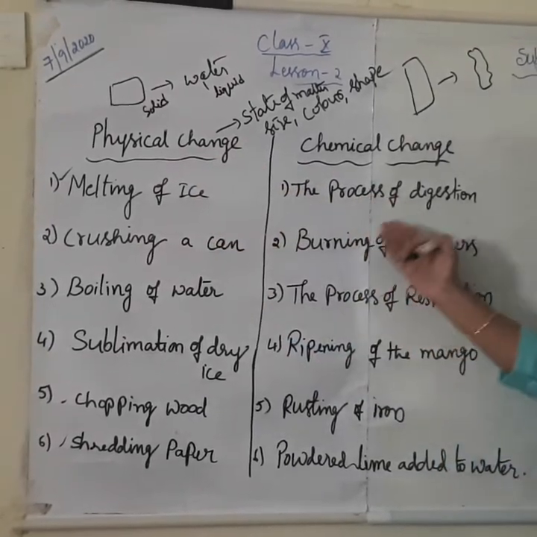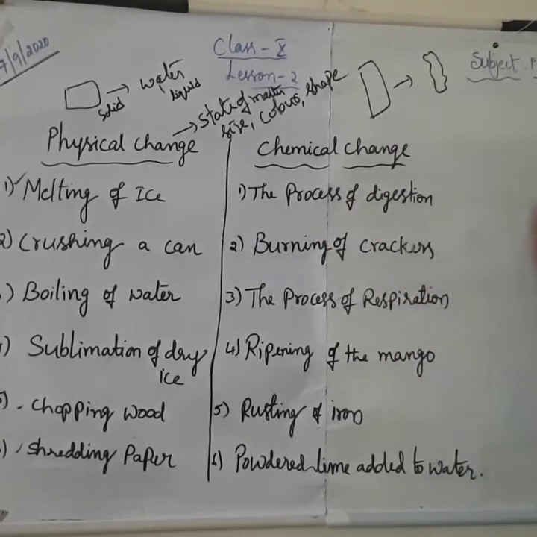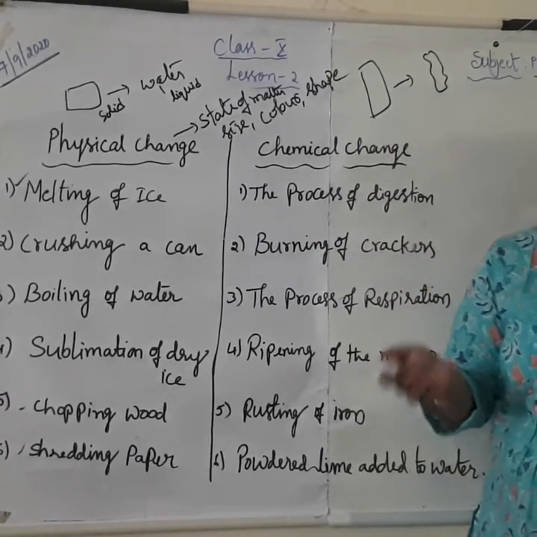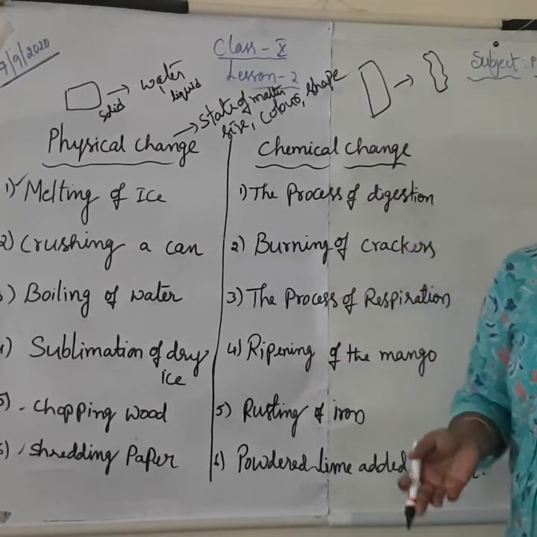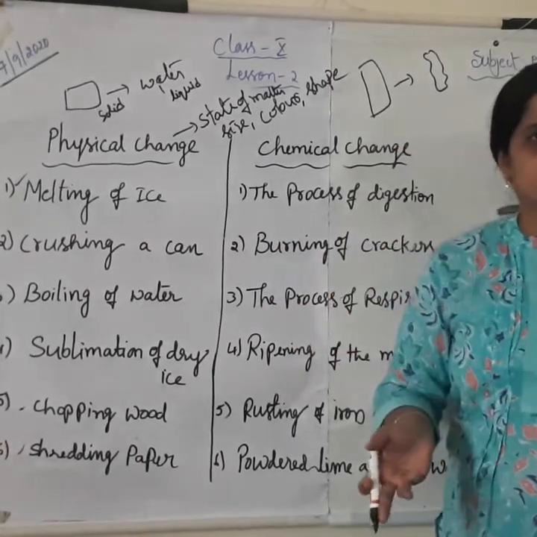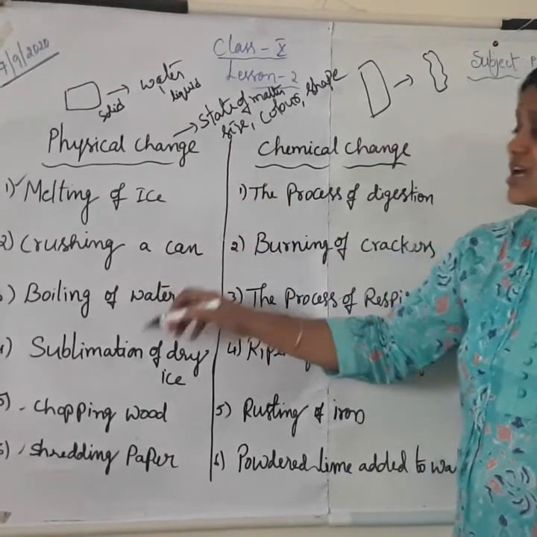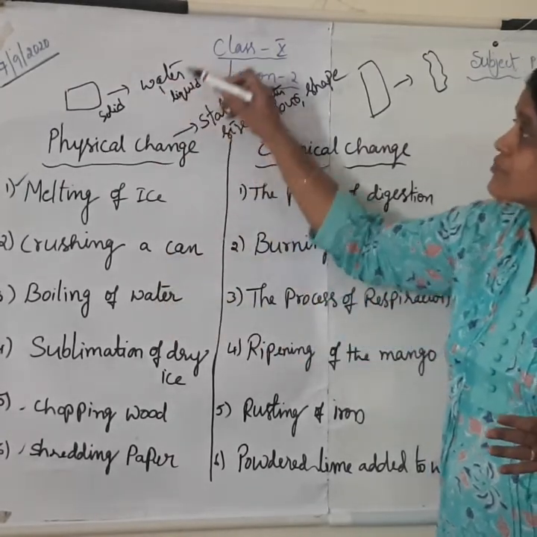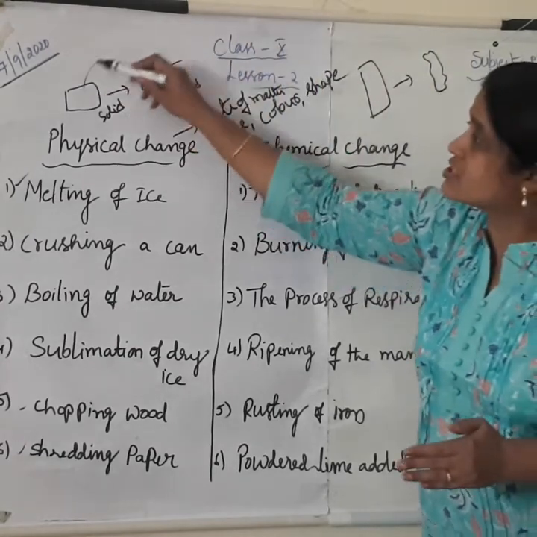Now coming to chemical changes. In the process of digestion, whatever food you take, whether solid, liquid or whatever it may be, finally it converts into blood. Blood, you cannot make into food again. But in physical changes, the substance you get can be made back.